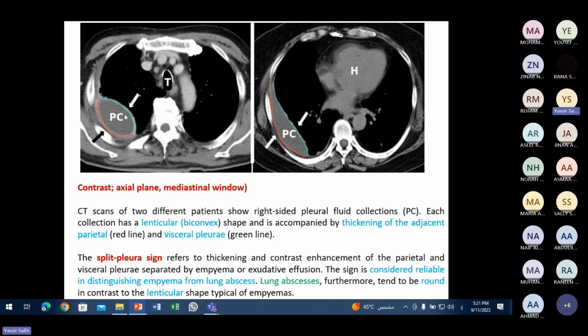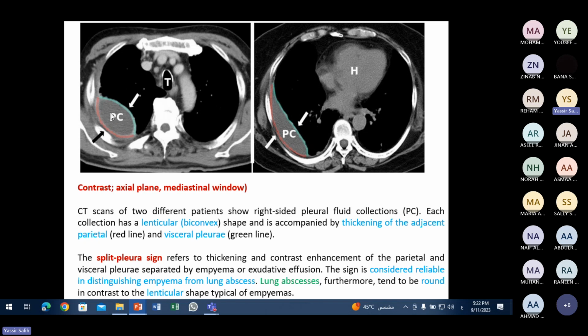Both pleura are enhanced and between the two pleura there is a collection، لكن أهم شيء the shape of this collection is lenticular, biconvex يعني بيشبه اللينس العدسة. بس this is biconvex and also this is biconvex، يعني دي محدب ودي محدب. Both images demonstrate empyema.